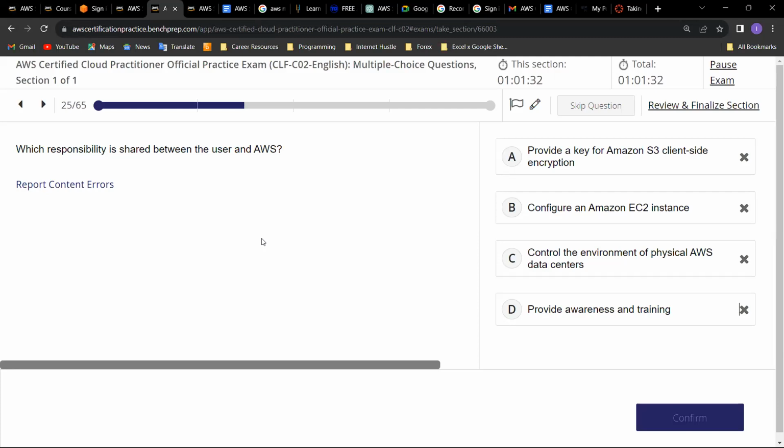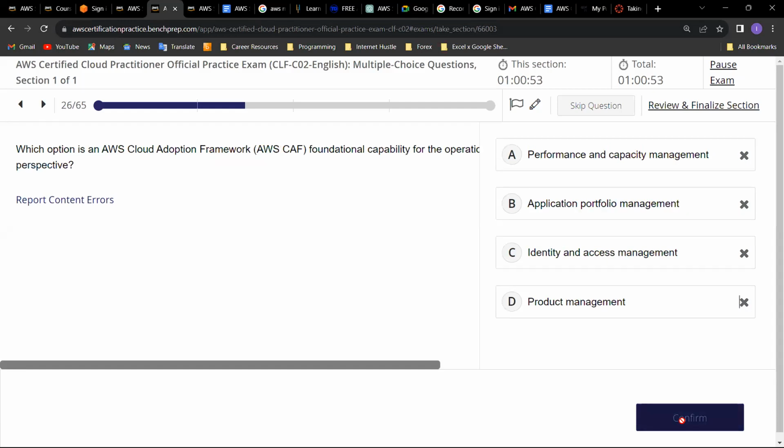So I see B and I see D. CETA also says D. Road says D. Train says D. Okay, so D majority. Let's go.